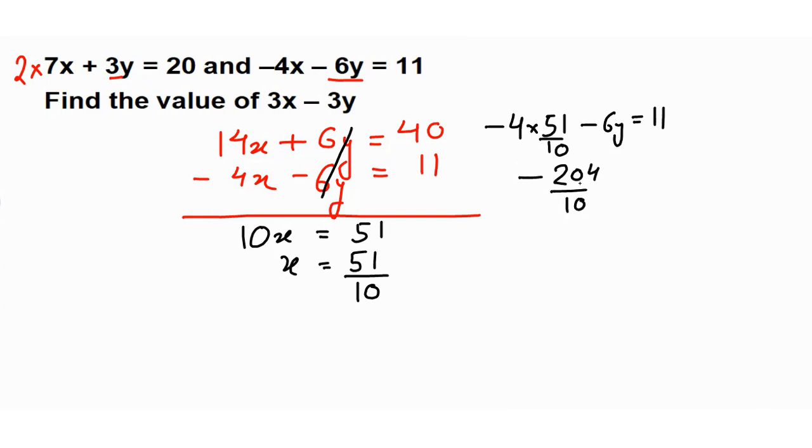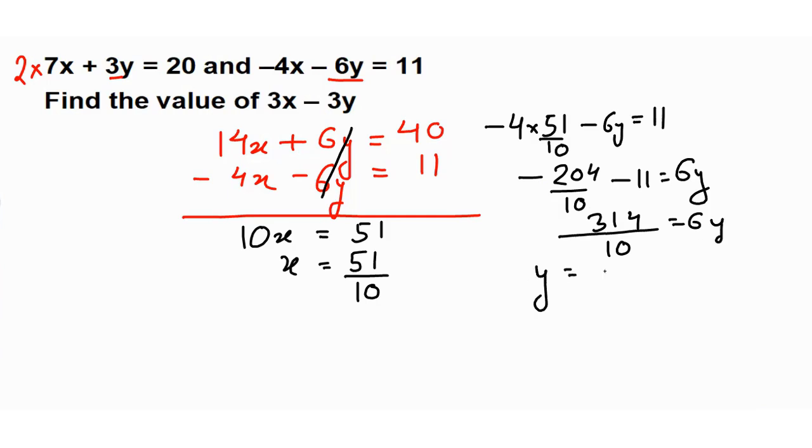We are not cancelling this 10 because keeping a 10 at the denominator is easier for calculation purpose. Minus 11 equals 6y. Now we'll just take the LCM, that would be 10. So here we have minus 204 minus 110.